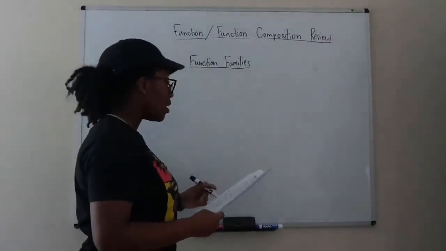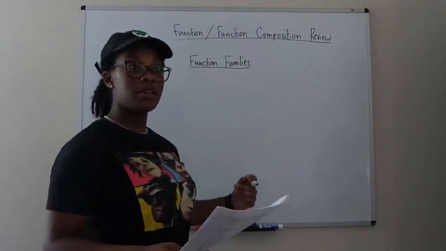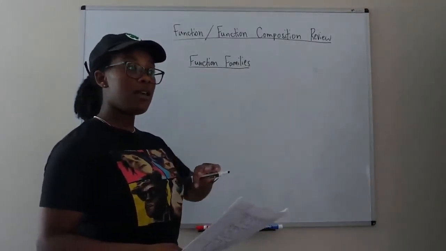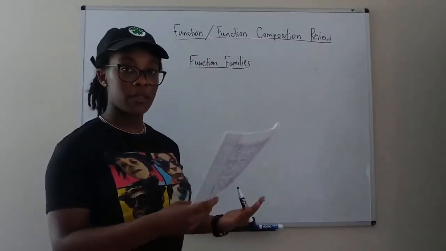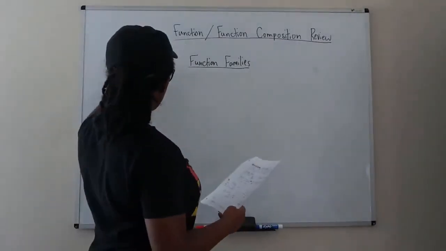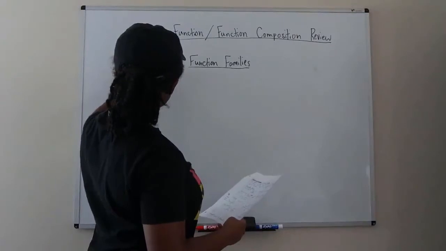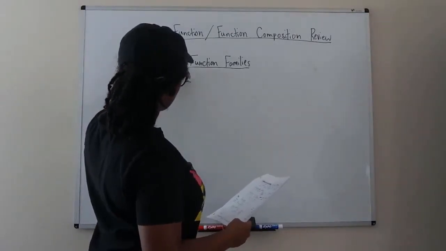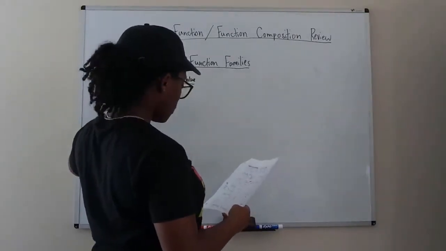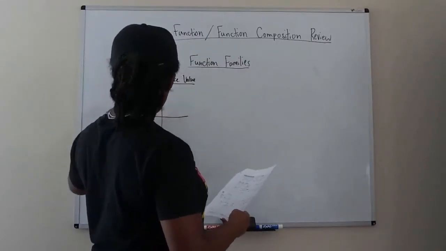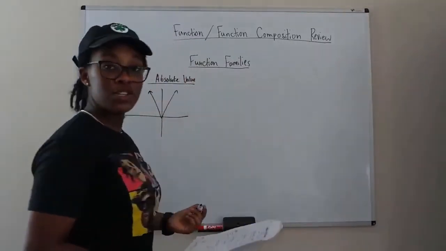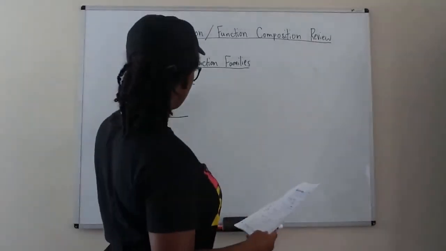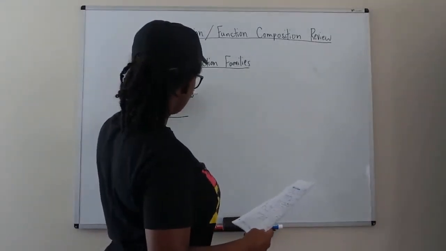Because of transformations, the parent functions, the ones that don't have anything done to them, are called the parent functions, or the base functions. So we have absolute value functions. These have a signature V shape, and the equation for that is y is equal.